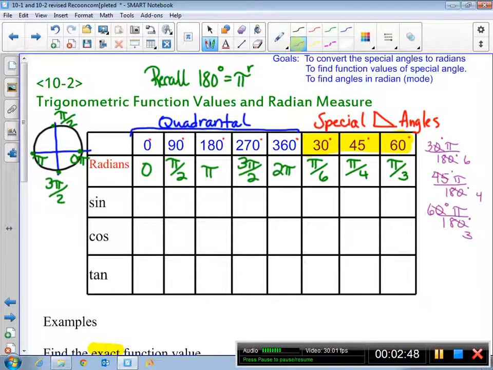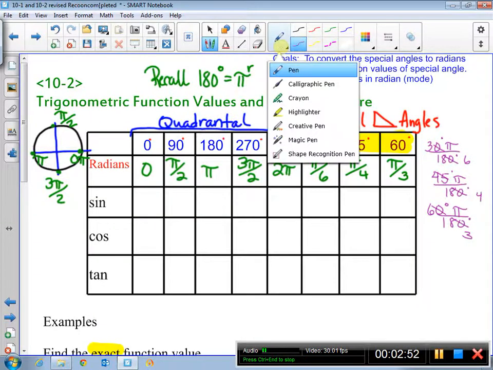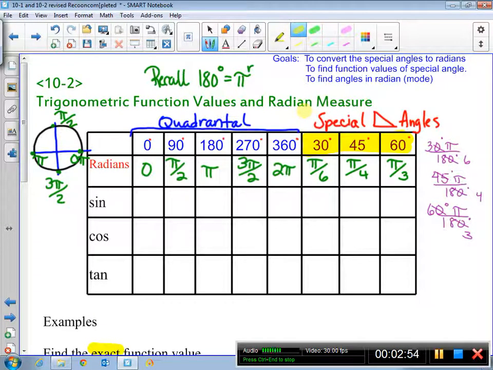So now that we have that part, let's go and fill in the table. So we're filling in for sine, cosine, and tangent of these values. And then we'll do the special angles after that. So the table's the same.